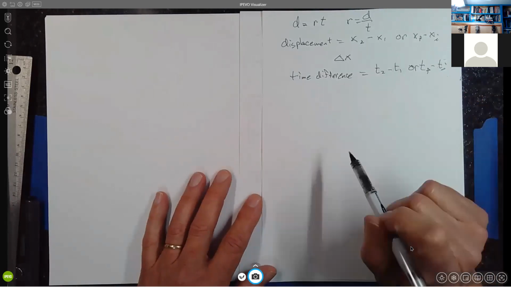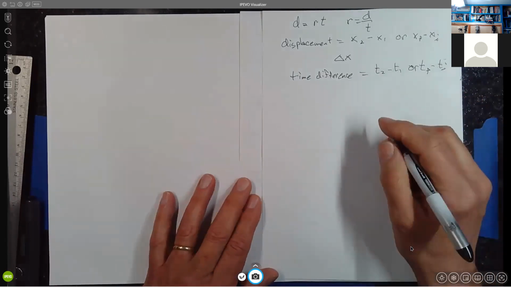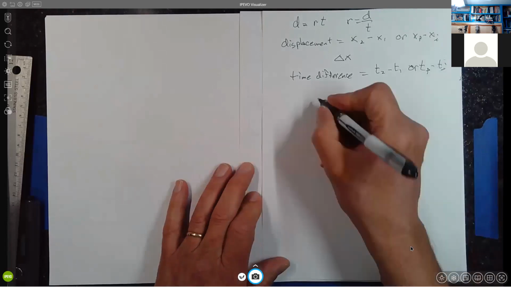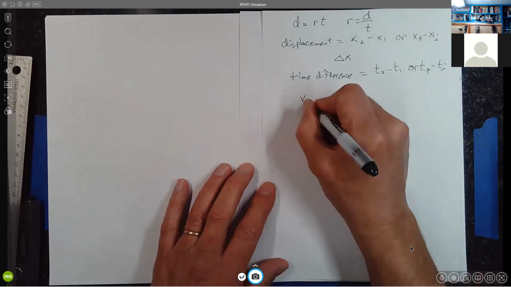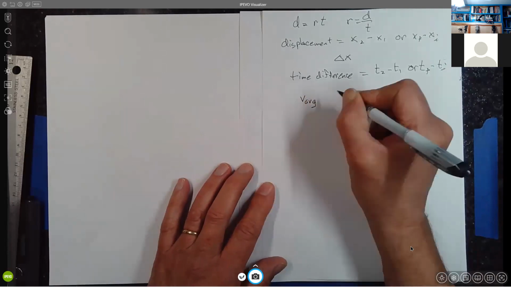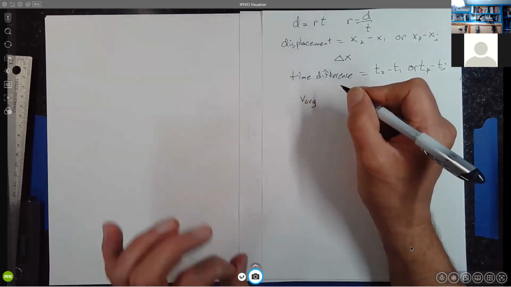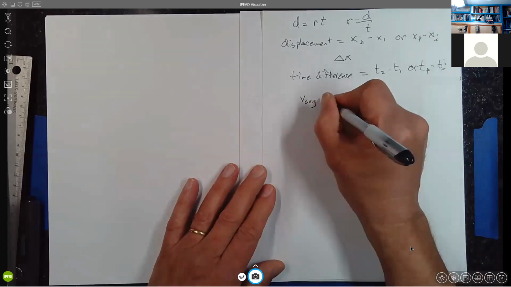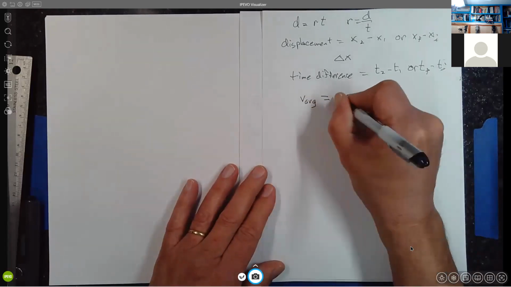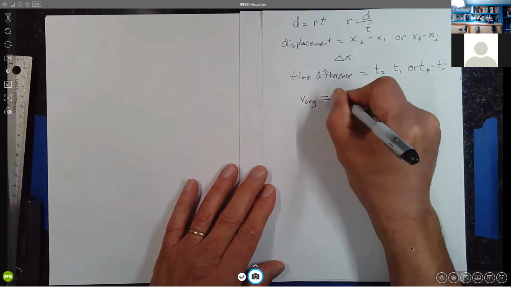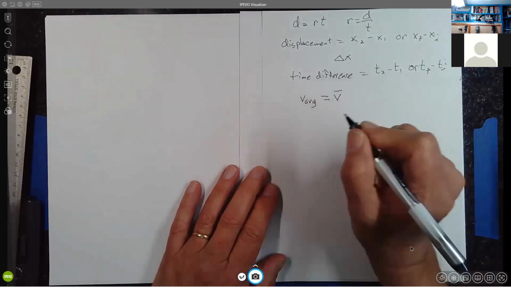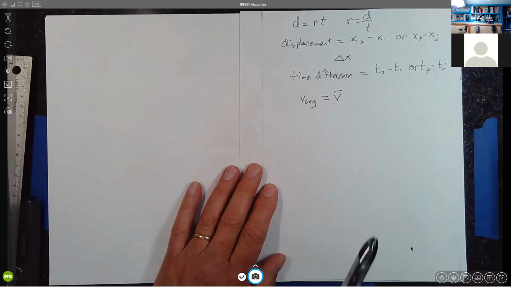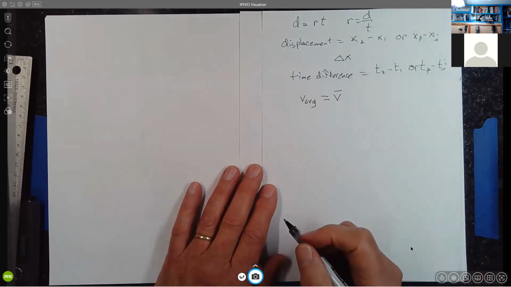So sometimes we'll use that. But at any rate, that v average, and it turns out this formula is good whether you have constant acceleration or no acceleration. The average velocity is sometimes written with a bar over it, and on your formula sheet, I wrote it with just a bar over it.